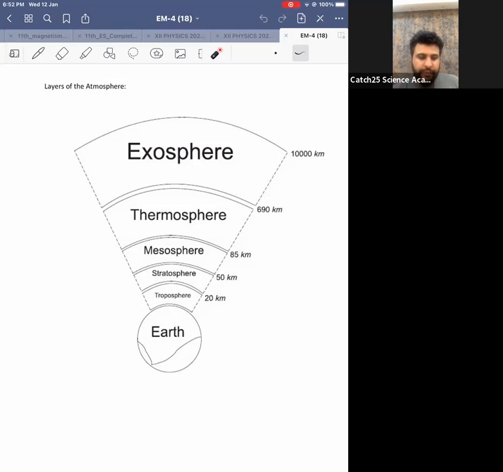Written. So 2 points under troposphere. First point is, it is at a distance of 20 kilometers from the surface of the Earth. Second point is, this layer has breathable air and water cycle.